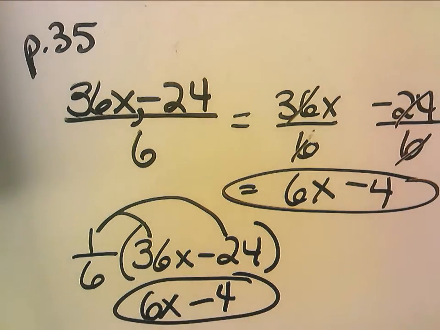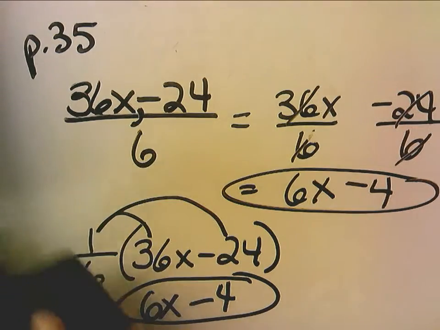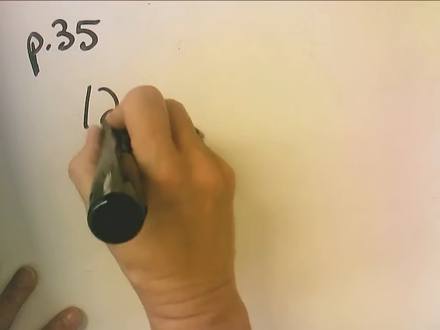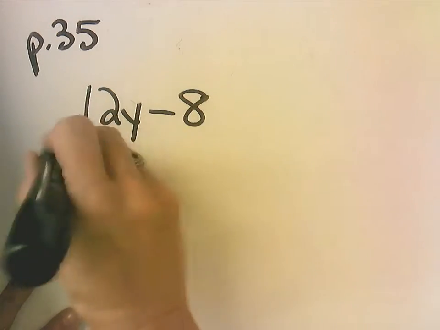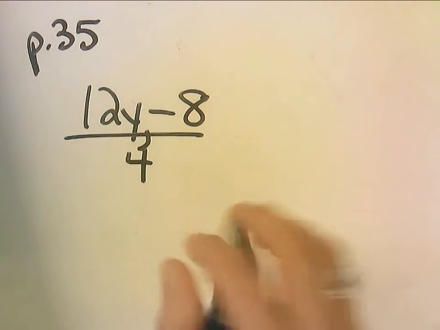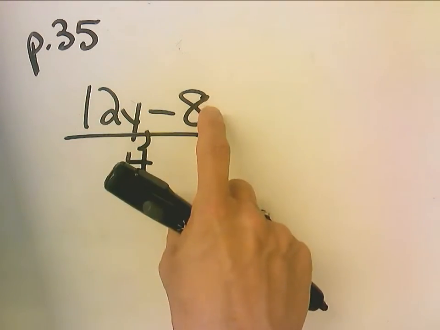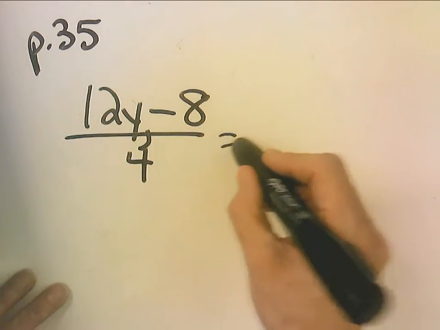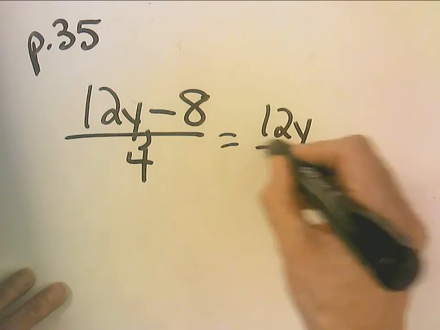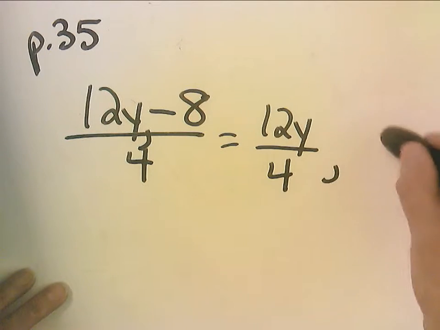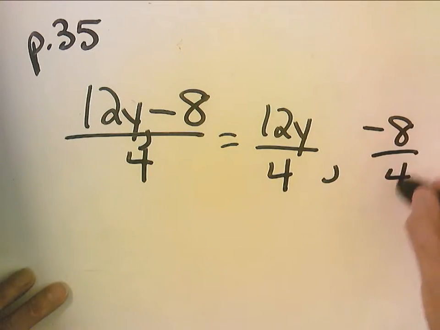Okay? So let's look down at the bottom of the page and try to do another one together. So we have 12y minus 8 over 4. So I have a 12y and a negative 8, and they both have to be divided by 4. So I'm going to write 12y divided by 4 and negative 8 divided by 4.